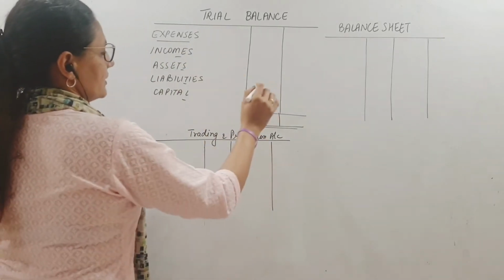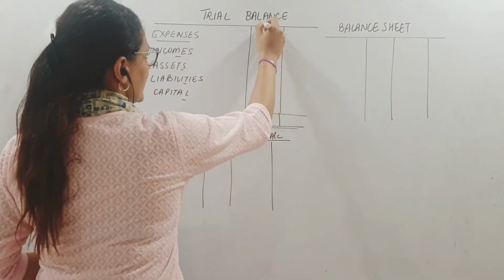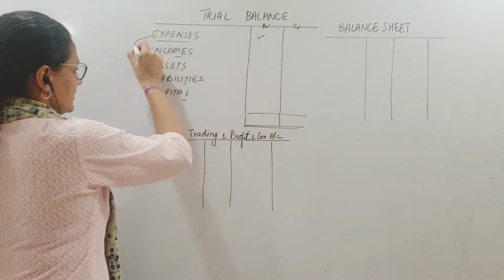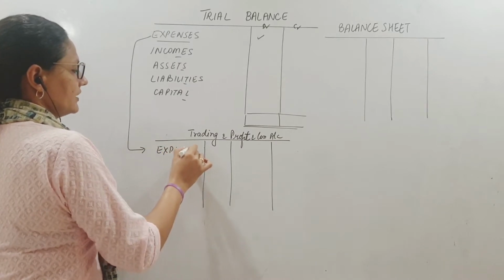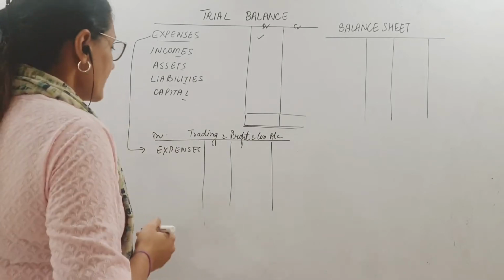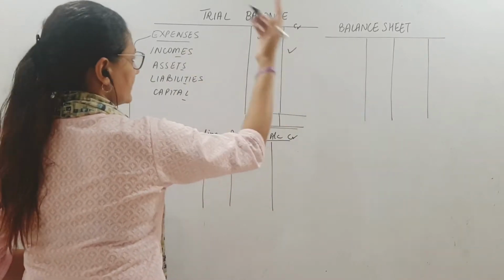So already while making trading and profit and loss account, all expenses which had a debit balance are already put here. These expenses have found a place here on the debit side of your trading account or profit and loss account. Then on the credit side we had put all incomes which had a credit balance.